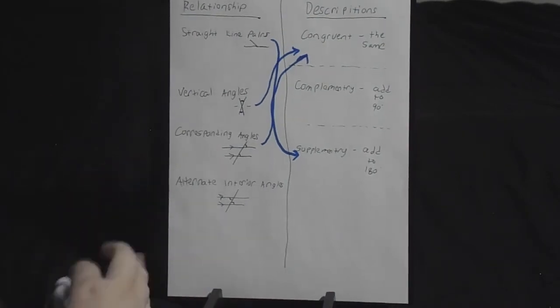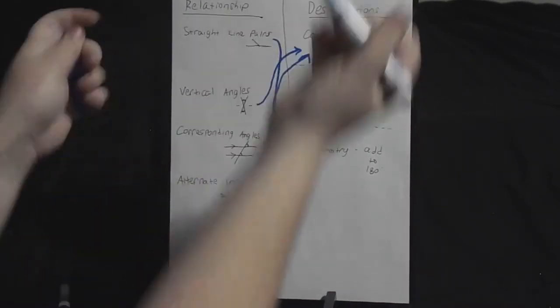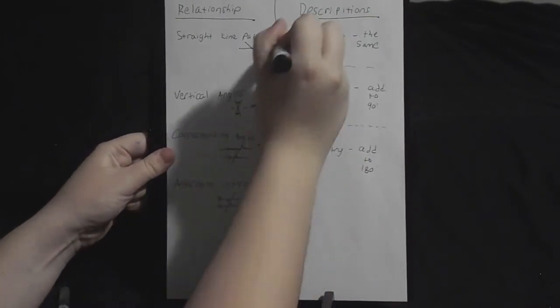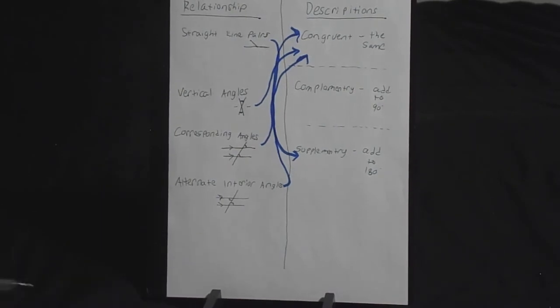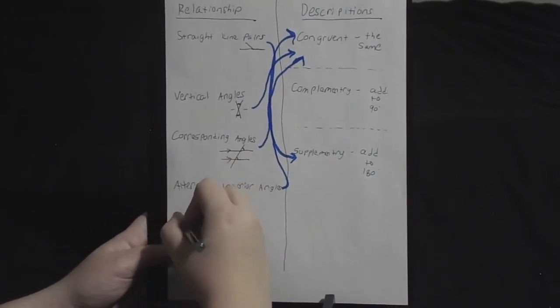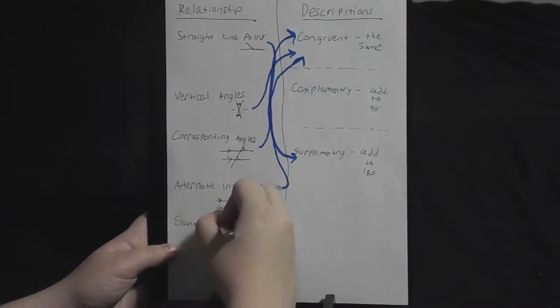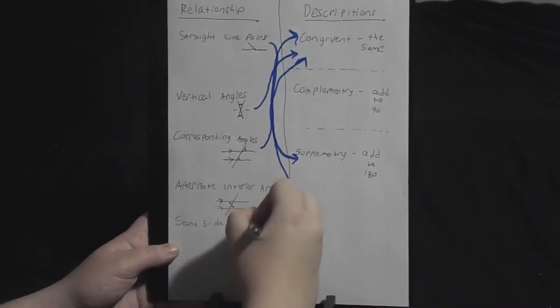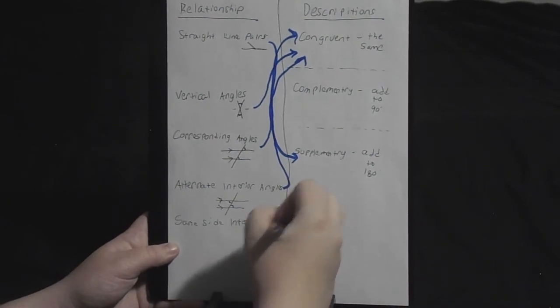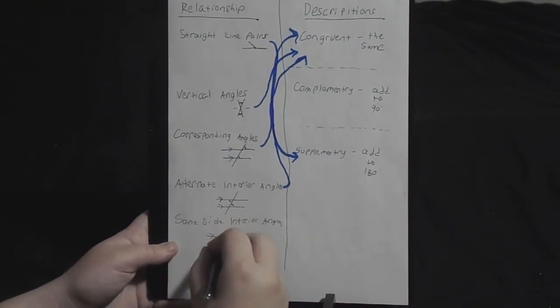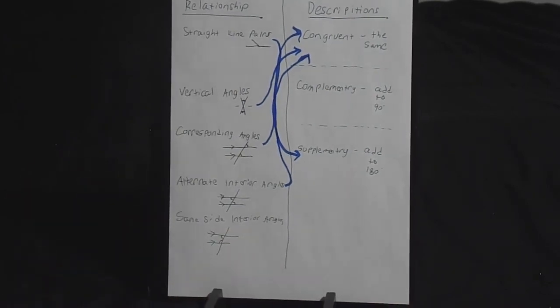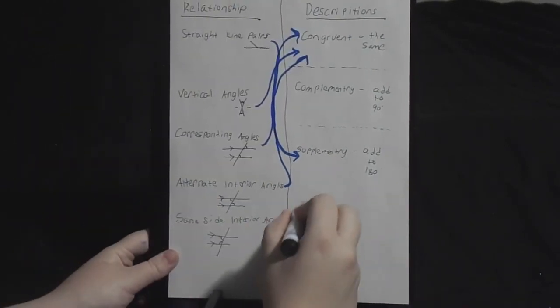And if you remember, when they're alternate interior, it means they're congruent. Lots of congruence. Three things are congruent so far. And then when I add same side interior angles, which meant you had two parallel lines, they each get an arrow to say they're parallel. This transversal, same side, means they're on the same side, but still inside those lines. Remember, same side interior angles add to 180, meaning they were supplementary.